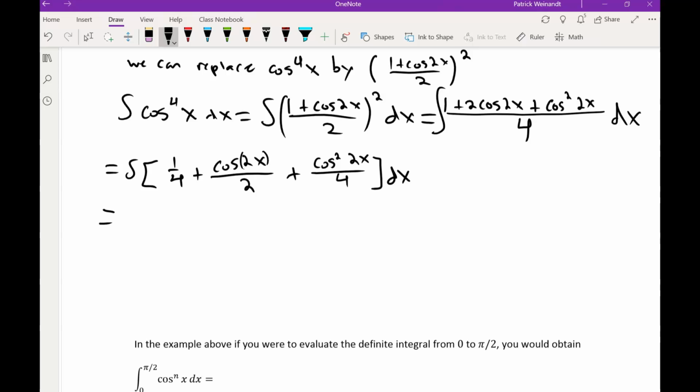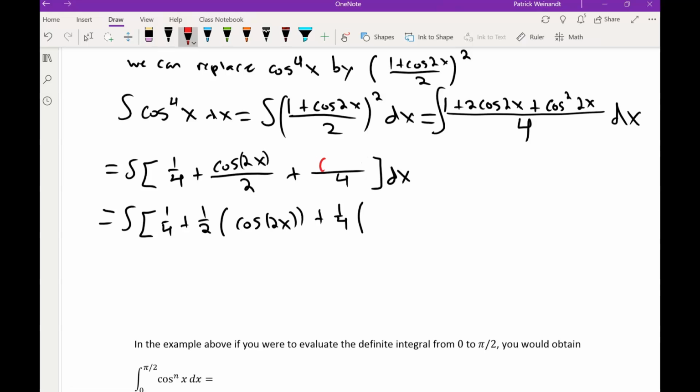So what we can do is further simplify this. You can pull out your factors. This is the same as the integral of 1/4, we'll leave that, plus 1/2 times cosine of 2x plus 1/4 times, and simultaneously, we know that cosine squared of 2x, if we apply that half angle identity, we know that cosine squared of x is equal to (1 plus cosine of 2x) over 2.